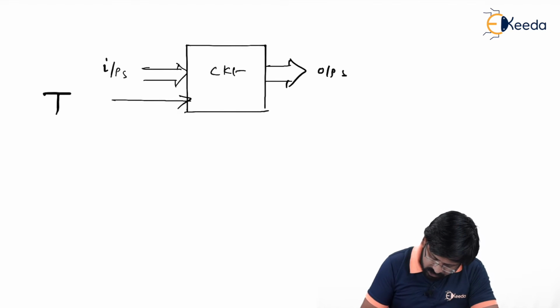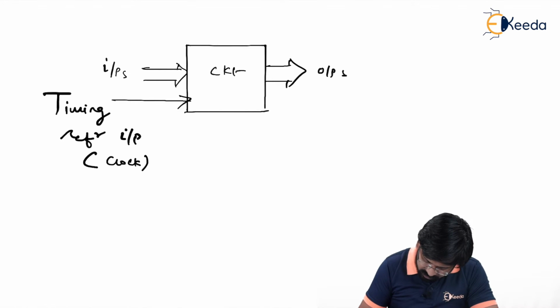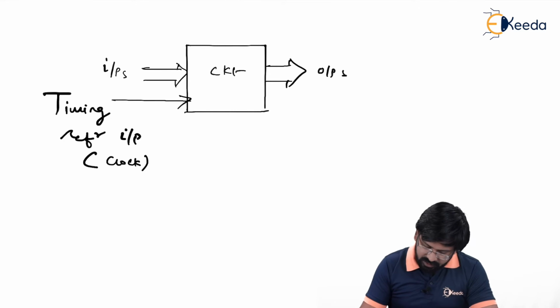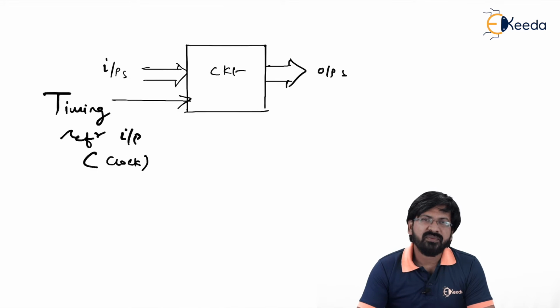So this input is known as a timing reference input, and this timing reference input is nothing but a clock. When an input is fixed to, let's say, 0 volt, 0 volt is considered as ground. So it is continuously 0, it is considered as ground. What if a particular input is connected to VCC permanently?